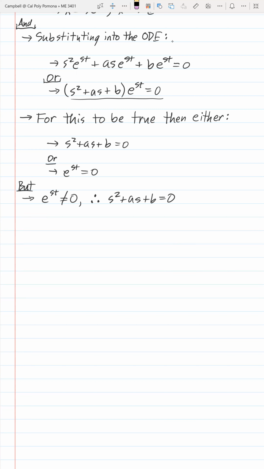Oh, and I just kind of spilled the beans. The polynomial that's set equal to 0, that's another way to say it, has to be equal to 0. That's the only way to drive this to 0. But don't worry, I didn't spoil it for long. So that's the only way the equation can be valid.